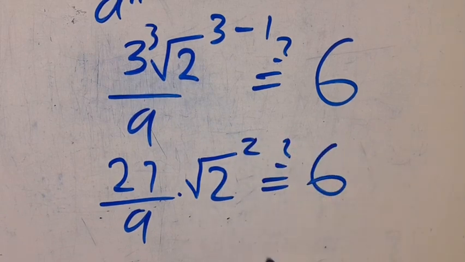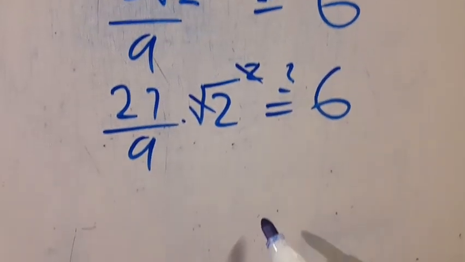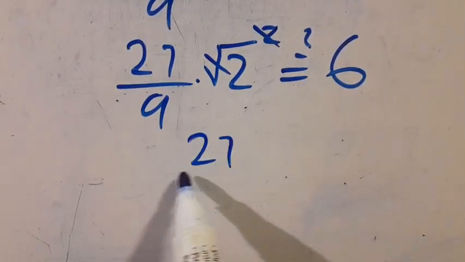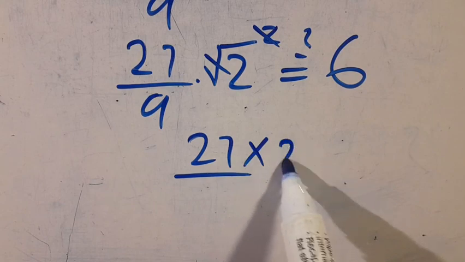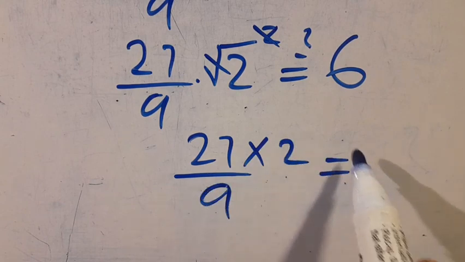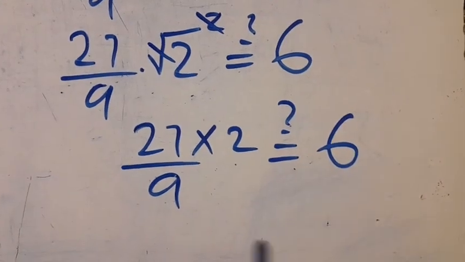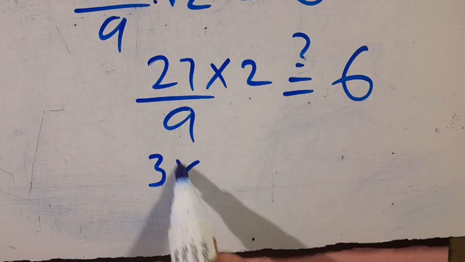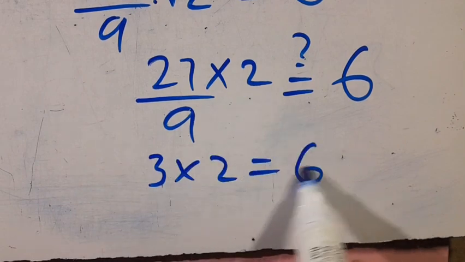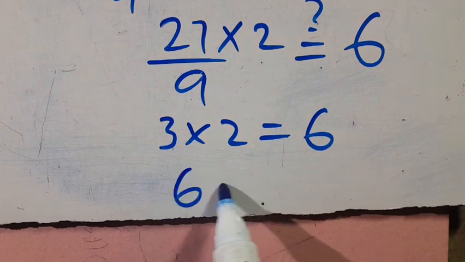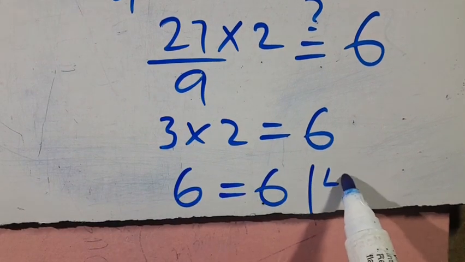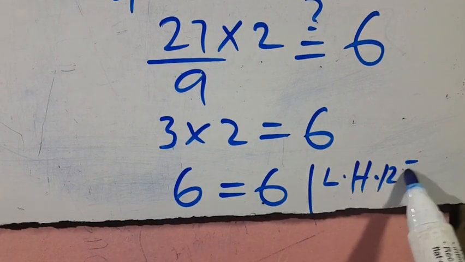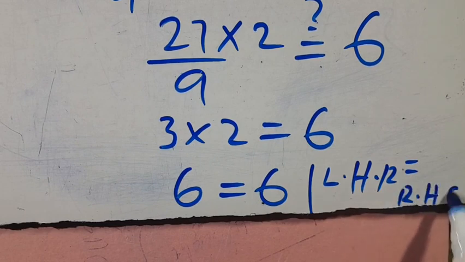Then it's going to give us 6. This and this will cancel out. We have 27 multiplied by 2 divided by 9. Then it's going to give us 6. 27 divided by 9 will give us 3 times this 2, which equals 6. So 6 equals 6. So therefore, the left hand side equals the right hand side.